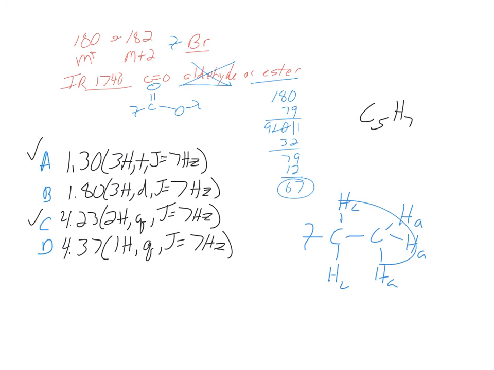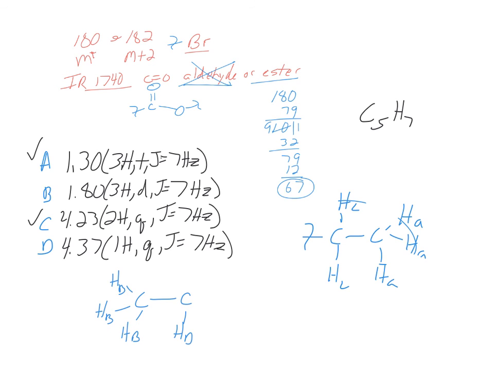Presumably that means B and D are coupled together, right? So B is a CH3, and it's split into a doublet.